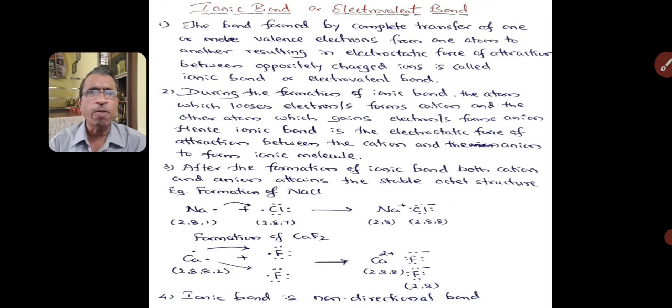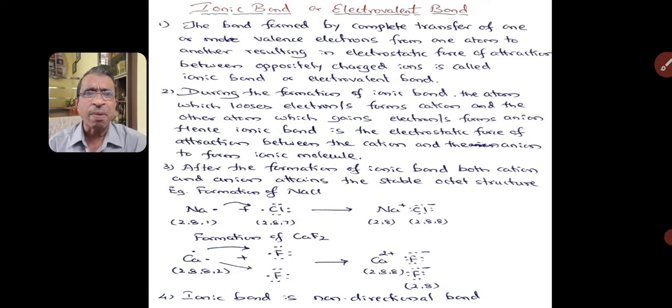During the formation of ionic bond, the atom which loses electron or electrons forms cation, and the other atom which gains electron or electrons forms anion. Hence, ionic bond is the electrostatic force of attraction between the cation and the anion to form ionic molecule. After the formation of ionic bond, both cation and anion attain the stable octet structure.